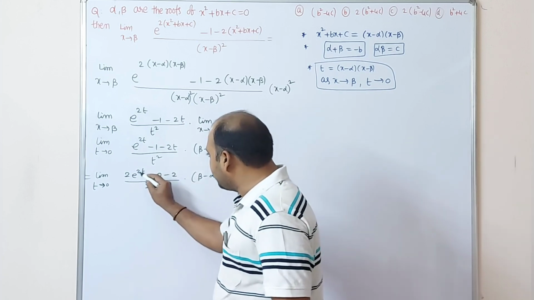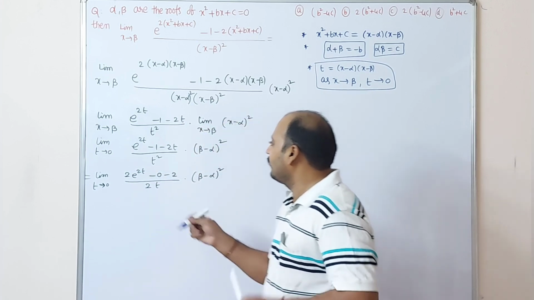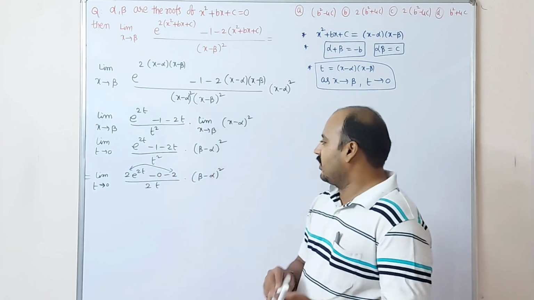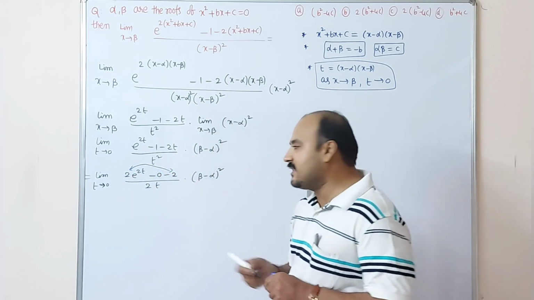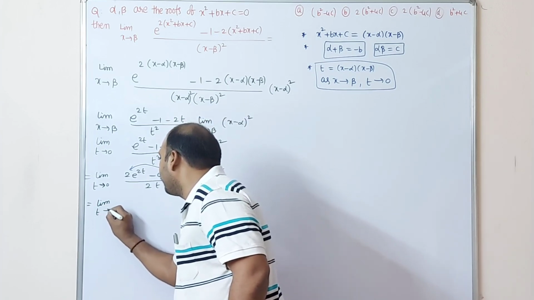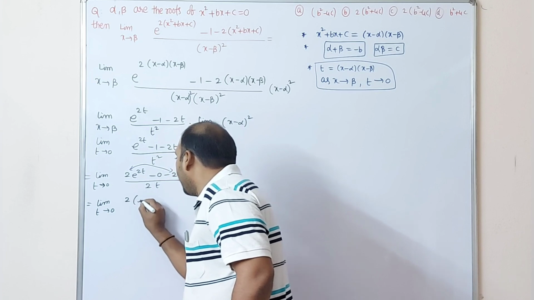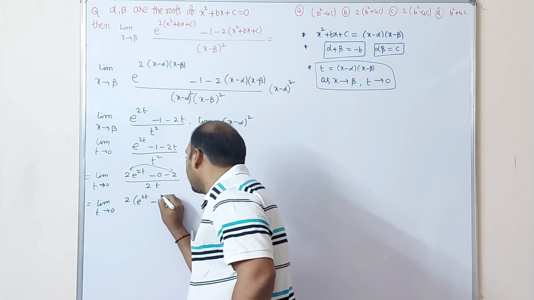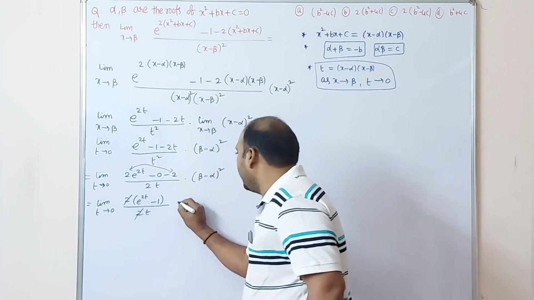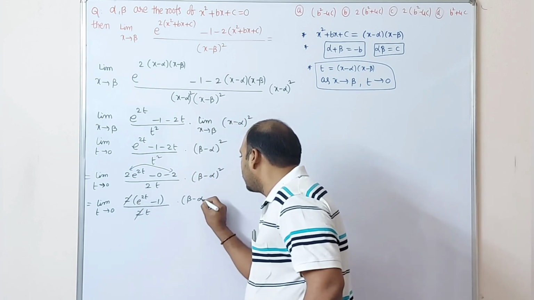Now from these two terms, 2 is common. From here we take 2 common, and in the denominator 2 is there, so we can cancel. Limit t tends to 0 of (e power 2t minus 1) divided by 2t, into (beta minus alpha) whole square.